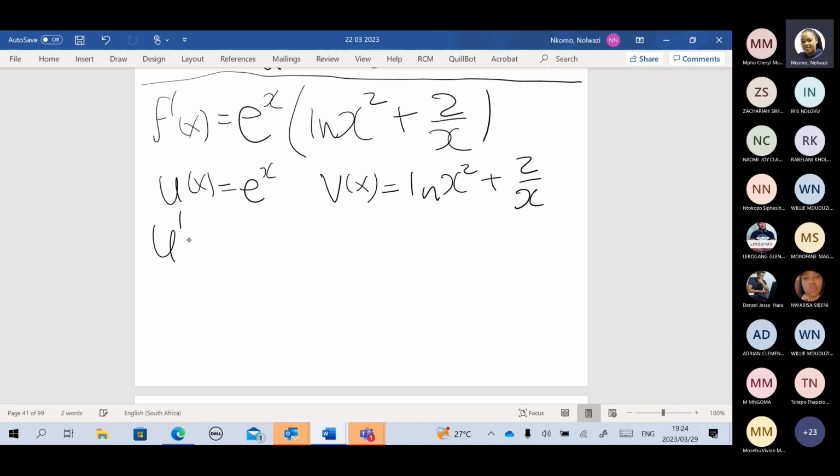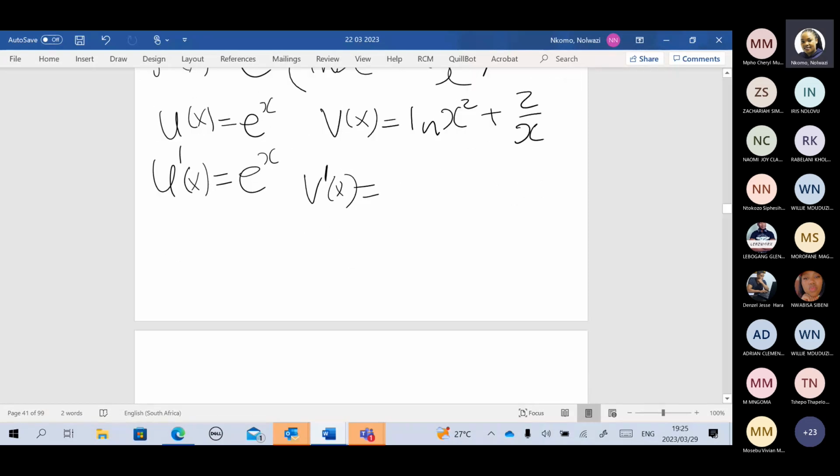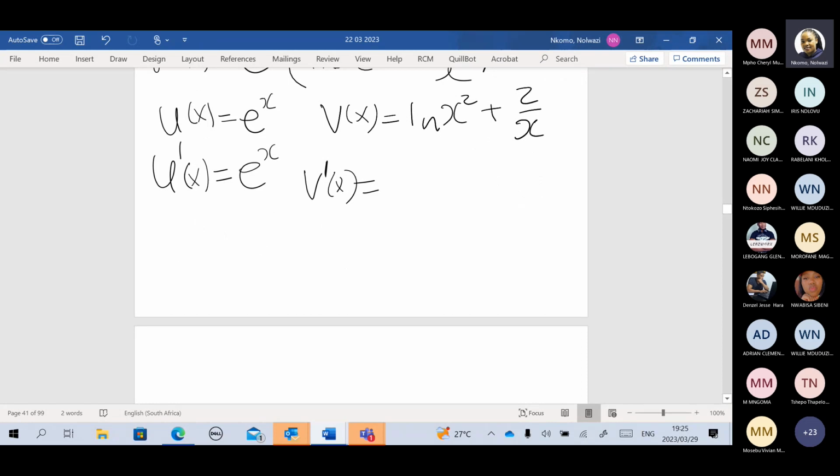U prime is simple, because e to the x comes back as it is. Then v prime has two functions: we differentiate ln x squared with respect to x, plus the derivative of 2 over x.